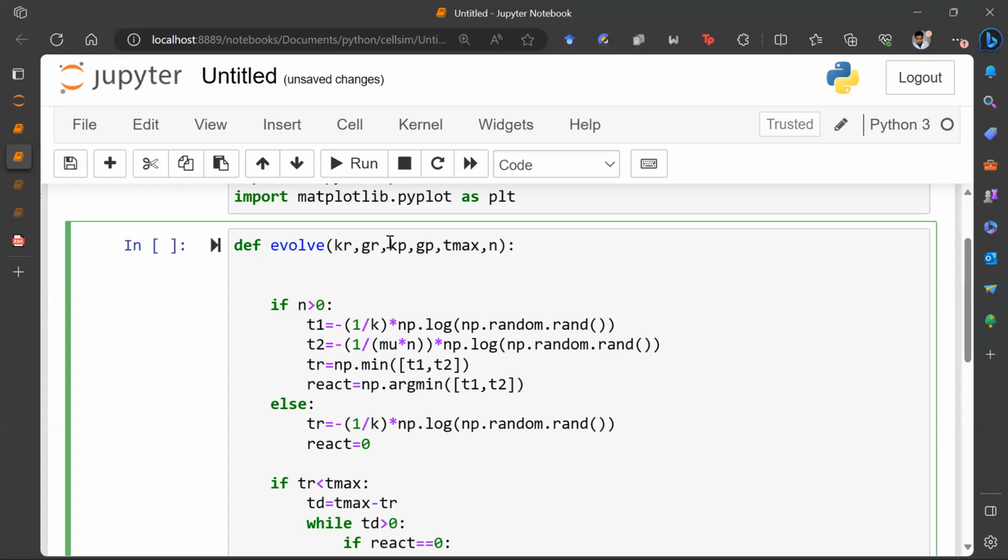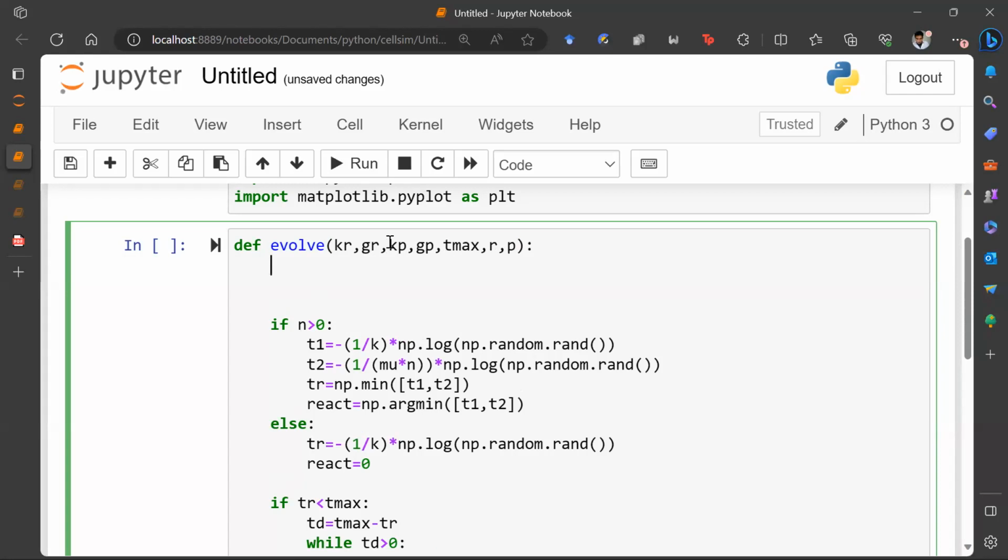Our time max of simulation, maximum time of simulation, and our state, let's call it R for RNA and P for protein. Okay, so we have 4 reactions.